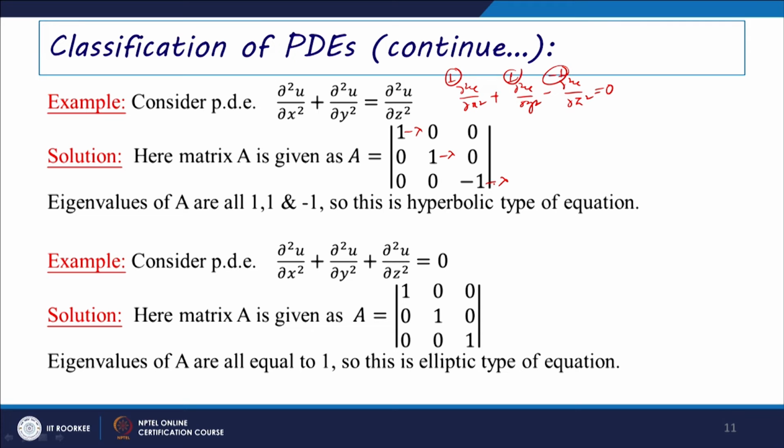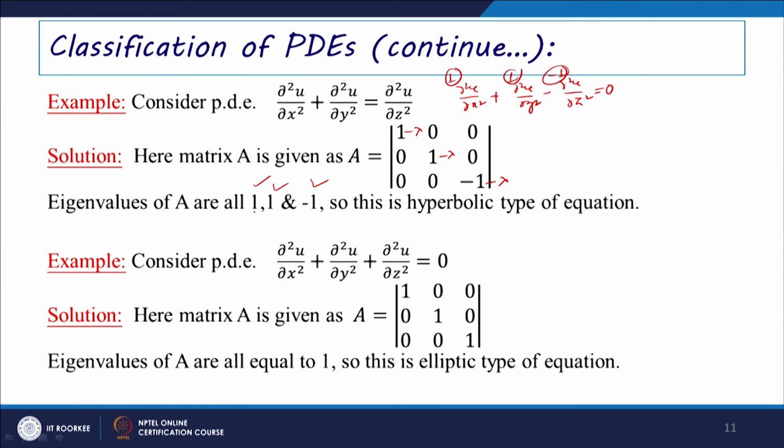So, the eigenvalues of A are 1, 1, −1. If all the entries in the diagonal are non-zero and the remaining elements are 0, then the diagonal entries are nothing but the eigenvalues. So, two roots have the same sign and one has a different sign. That is why this equation is hyperbolic in nature.